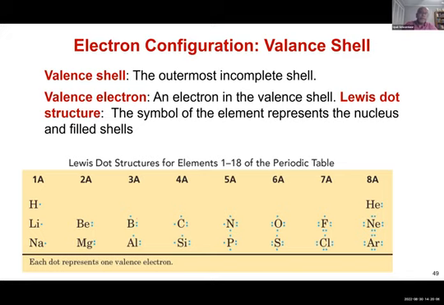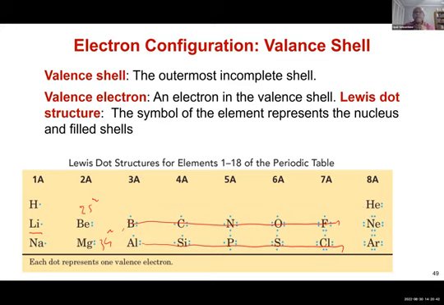For example, lithium is 2s1. Valence shell is 2. Magnesium has 3s2. Valence shell is the third shell. So for all these atoms, valence shell is the third shell because the electrons are filled in there. For all these atoms, valence shell is the second shell or second period.